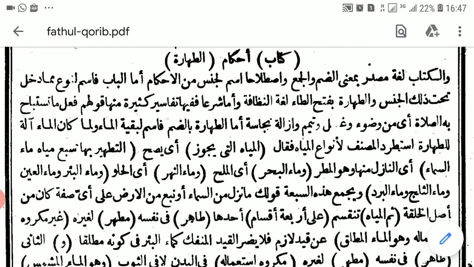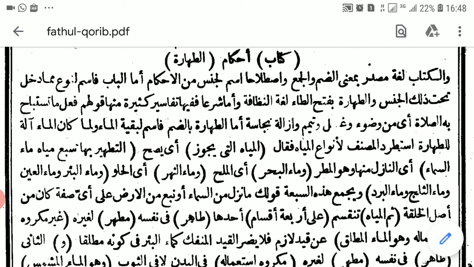Walamma kana al-ma'u alatan lit-taharati istatrada al-musannifu li anwa'il miyahi. And because water is used for taharah, the author, or in Arabic it's called the musannif of this kitab, explained the kinds of the water.